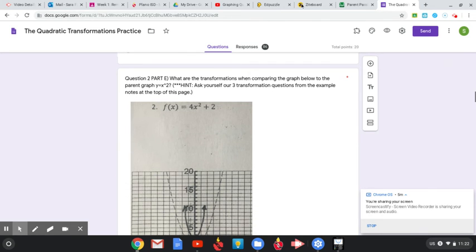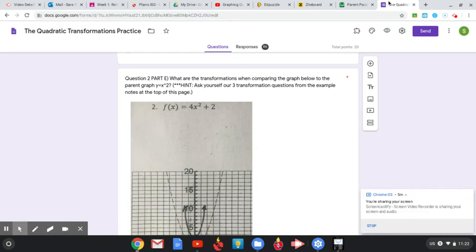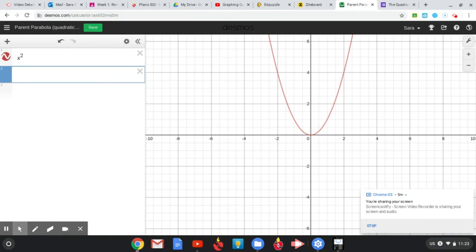We're always comparing with the parent, so always leave y1 as x squared every time. That's the parent that we're going to compare with. But the new equation was 4x squared plus 2. So that's going to go in y2, 4x squared plus 2.